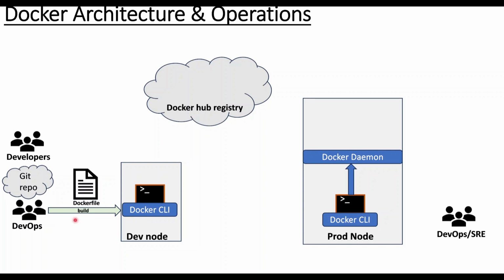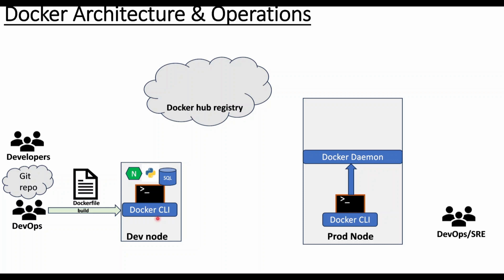This Docker build operation is going to take the information from the Dockerfile and create a Docker image. When the images are built, by default those images are locally stored in the dev environment or dev node. To make these images available to the prod environment, we need to push those images to the Docker Hub registry, which is a centralized repository.